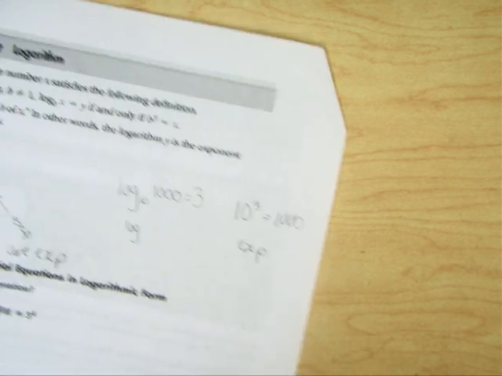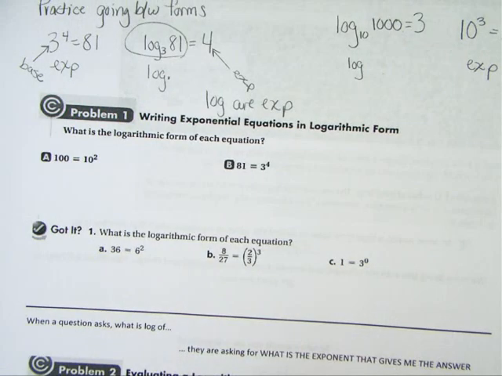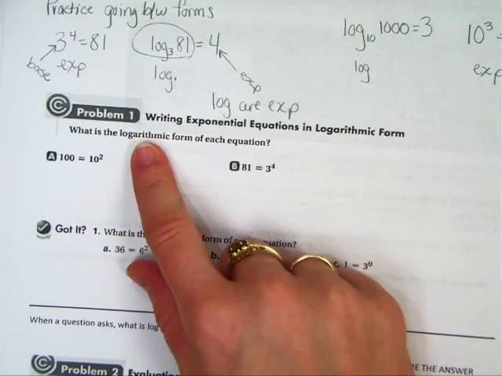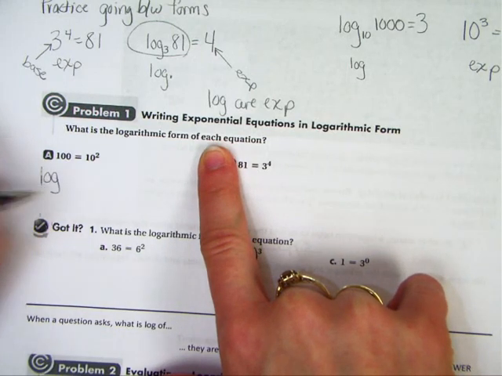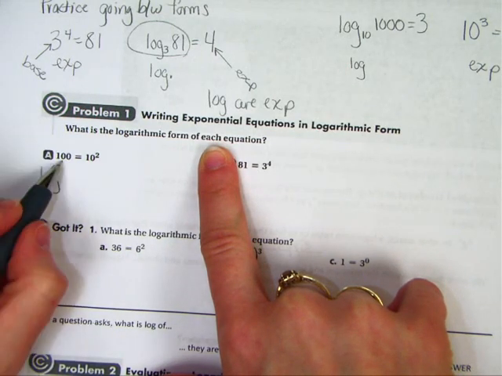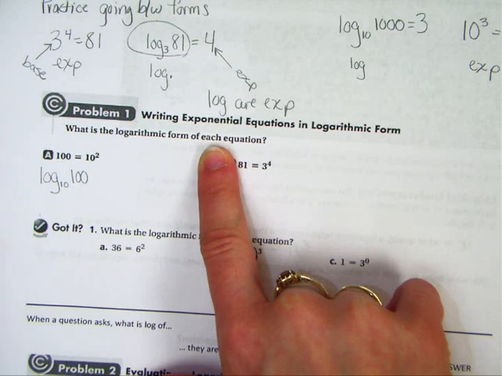Problem 1, we're going to practice this a little bit more. What is the logarithmic form of each equation? Well, this one we start with log. It's log base 10 of 100 is 2.